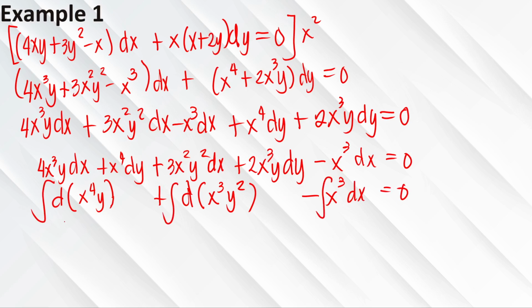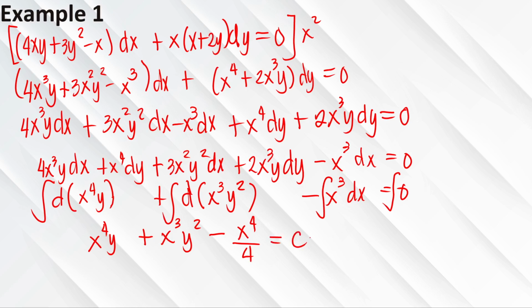Ayan. So integrate tayo. We have, syempre integrate din natin yung 0. We have integral katabi ni d, x raised to 4y plus x cubed y squared minus x raised to 4 over 4 equals c.